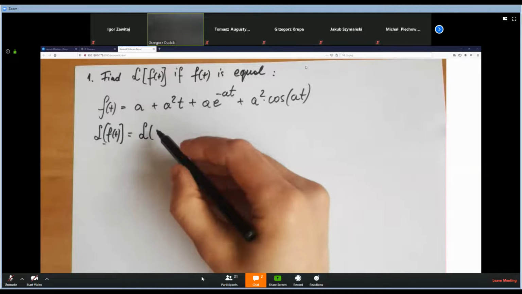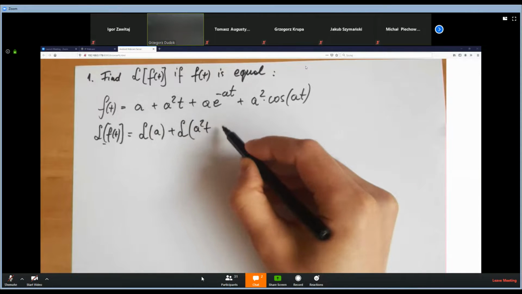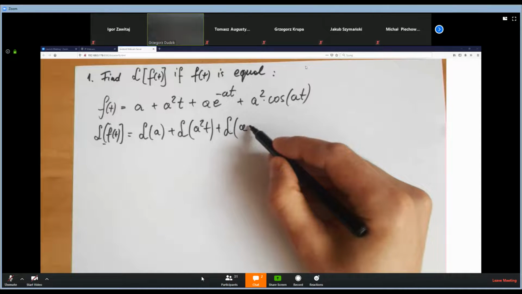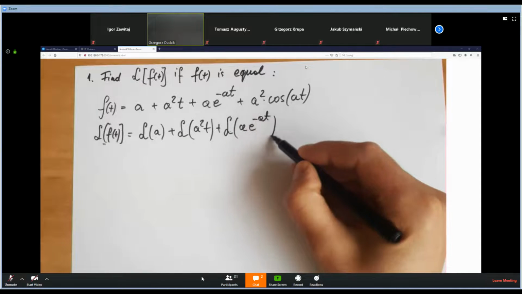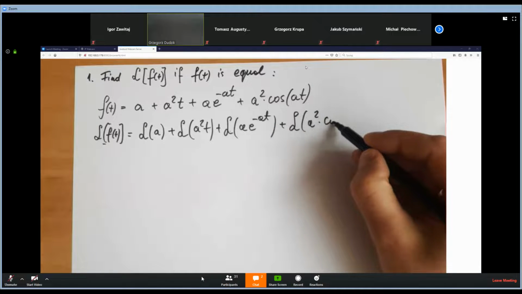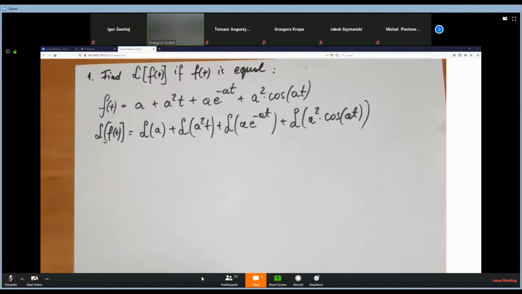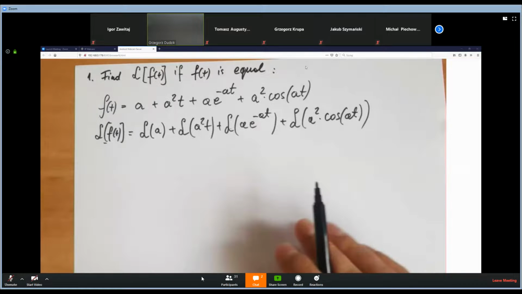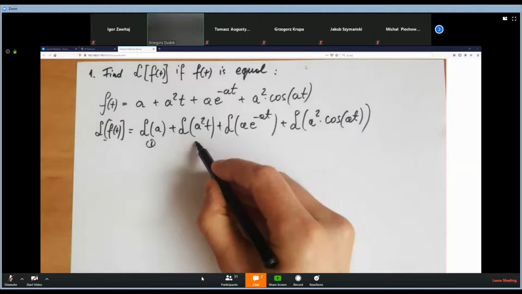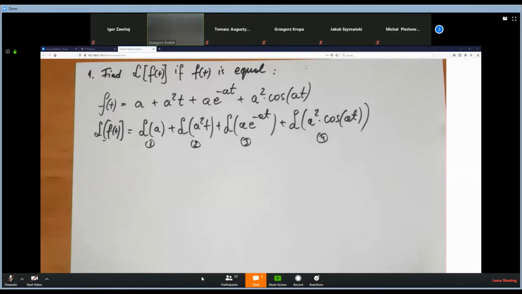So this is the Laplace transform of a, plus the Laplace transform of a squared t, plus the Laplace transform of a e to the power of minus at, plus the Laplace transform of a squared times cosine omega t. Okay. So let's count these components: this is the first one, the second, third, and fourth.